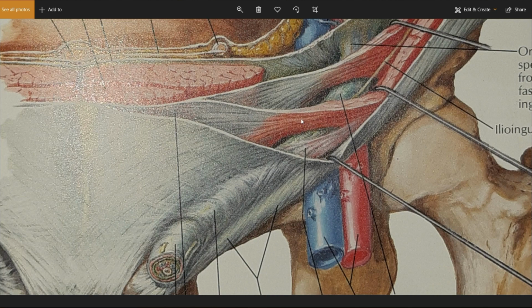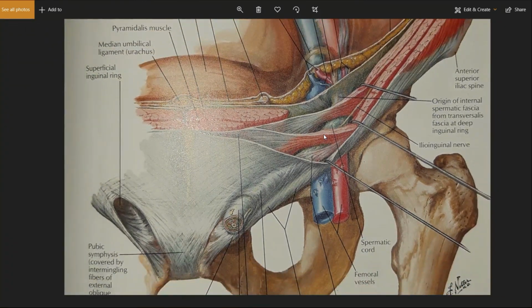So the internal oblique and the transversus abdominis, both of these muscles, their fibers arch over the inguinal canal, forming the roof of the inguinal canal. Okay, so that's pretty easy, right?